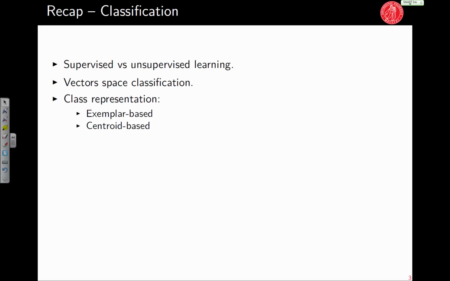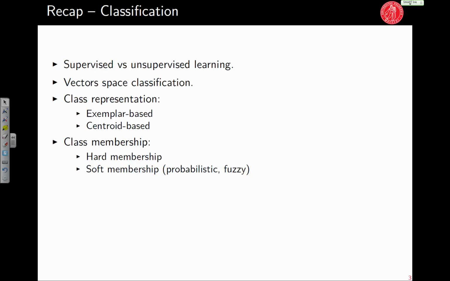And then we also introduced different types of memberships. So a membership function could be hard or soft, crisp or soft, and hard membership is an either or situation. So an object is either a member of a class or not. In soft membership, we had this scaled or graded concept of membership.